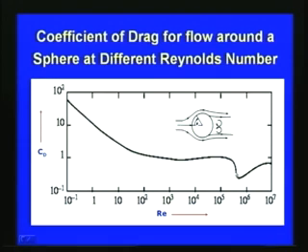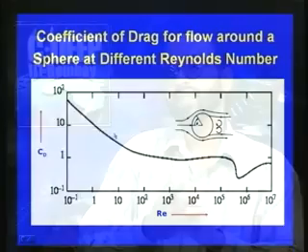Then you can see that it comes down to a level, and when the Reynolds number increases further, meaning the flow becomes totally turbulent, the coefficient of drag slightly increases again. We can show this experimentally.